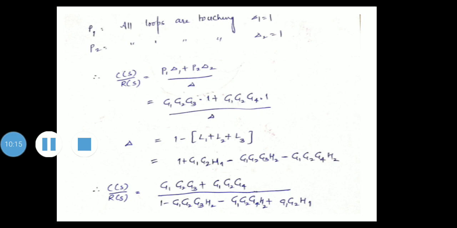So delta is 1 minus L1 plus L2 plus L3, which is equal to 1 plus G1 G2 H1 minus G1 G2 G3 H2 minus G1 G2 G4 H2. Therefore, C of S by R of S is equal to G1 G2 G3 plus G1 G2 G4 by 1 minus G1 G2 G3 H2 minus G1 G2 G4 H2 plus G1 G2 H1. So is it clear?